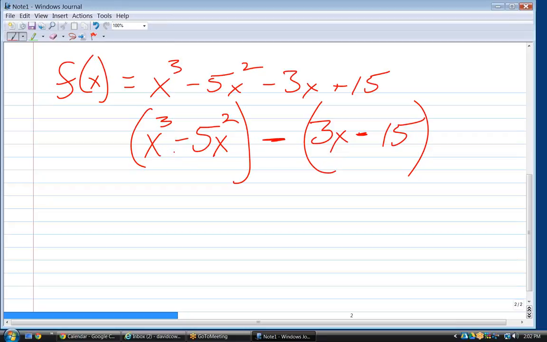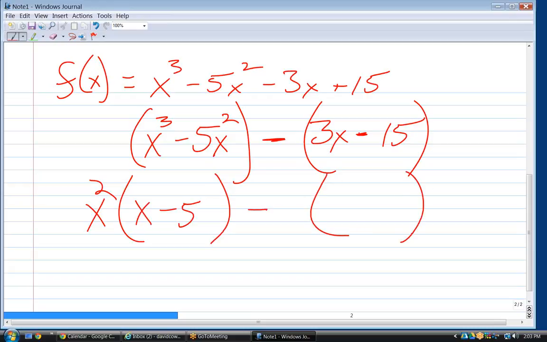Now, factor out the greatest common factor from the left parentheses. X squared, leaving x minus 5. And on the right, 3, leaving x minus 5.